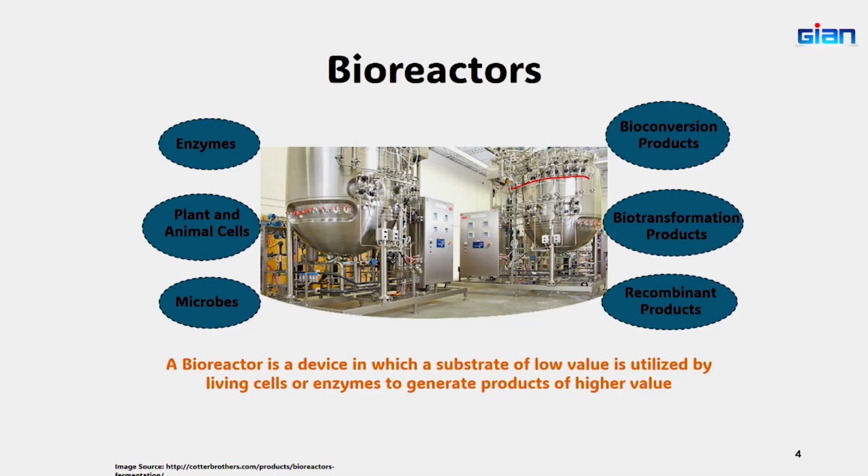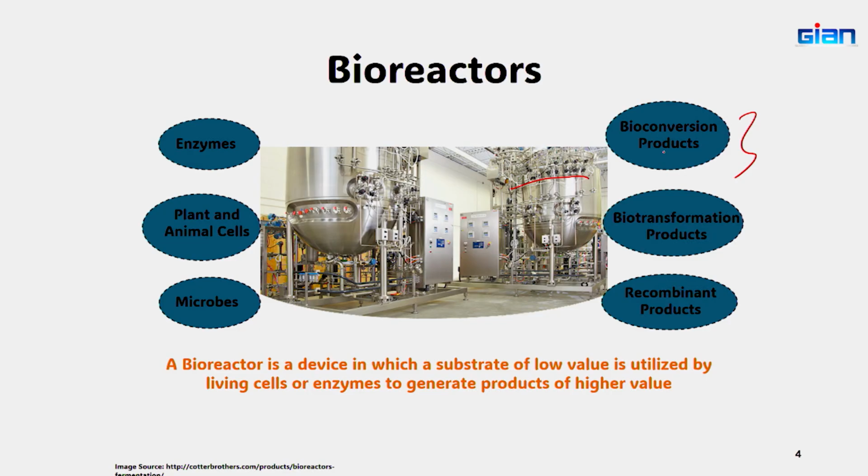Now, we are using enzymes, plant and animal cells, or we are even using microbes as our host. With enzymes, if you're just providing a substrate, you put in the enzymes, and you can get the substrate converted into the product directly. Plant and animal cells, we have already discussed multiple times. They can be used as a host to produce your product of interest. Microbes are widely used as a host to produce your product of interest.